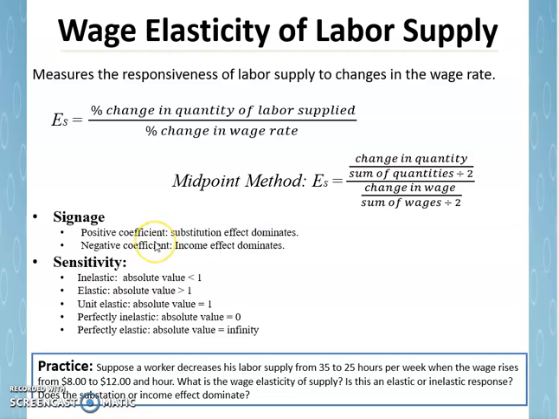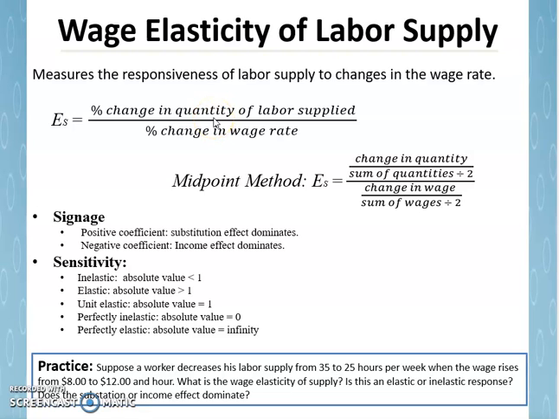If you get a positive coefficient, then that means that the numerator and the denominator move in the same direction. Either you have a positive value here and a positive value here, or you have a negative value here and a negative value here. If wages go up, labor supply goes up. If wages go down, labor supply goes down.